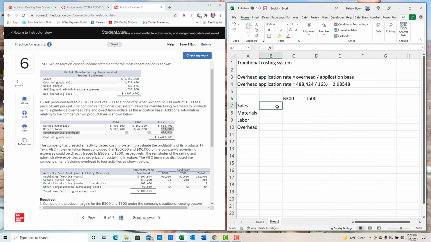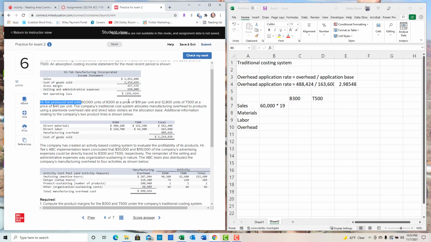So for the B300, our sales were given as 60,000 units multiplied by 19. That was given in the problem, right over here, 60,000 times 19. For T500, it was given as 12,800 at 40.